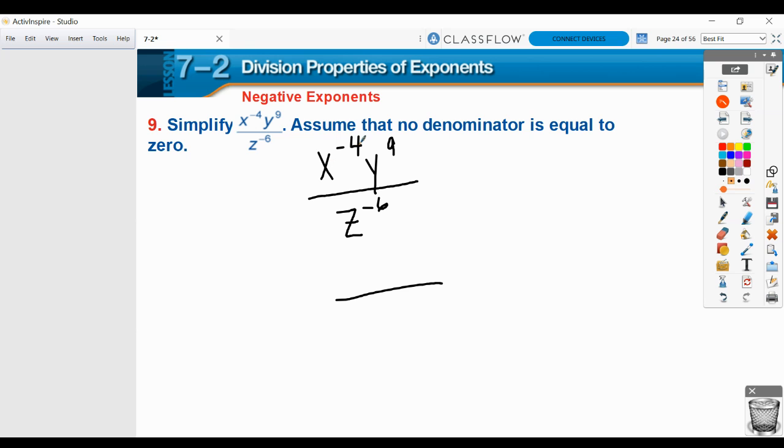So x to the negative 4th, that can't be negative, so it needs to flip down to the bottom of the denominator, and then you can make the exponent positive. The y to the 9th is already positive, so it just stays in the numerator. And then the z to the -6, it's in the bottom now. You need to flip it up to the numerator and make the 6 positive. And that's it.